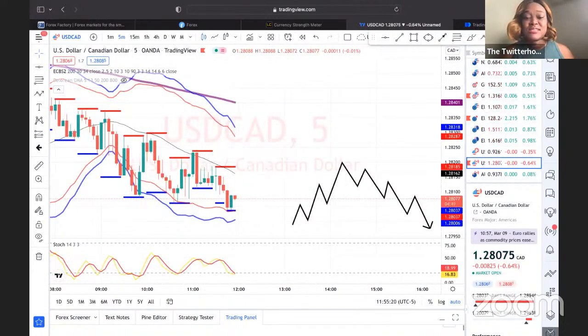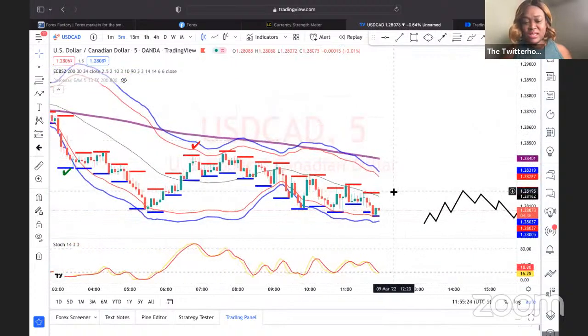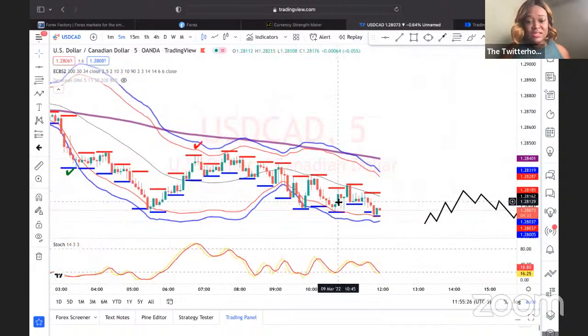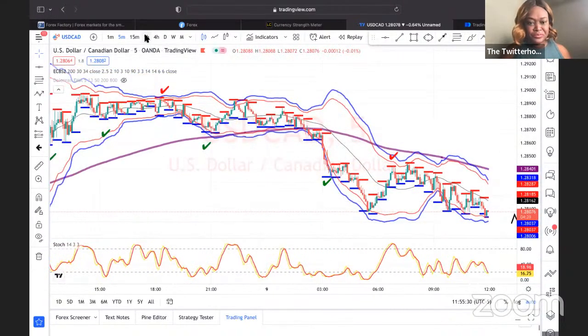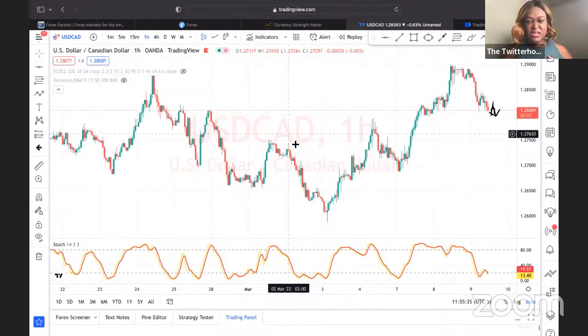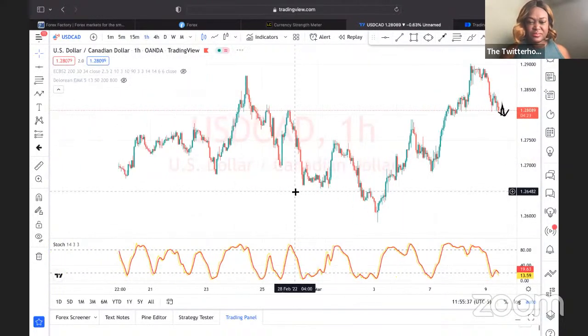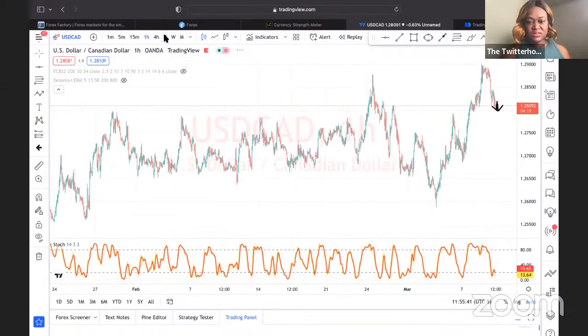So yeah, we don't know when that's going to happen, but it's going to happen. It always happens. Let's get rid of this indicator.